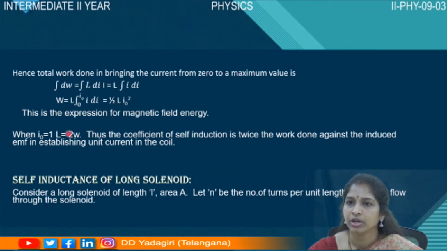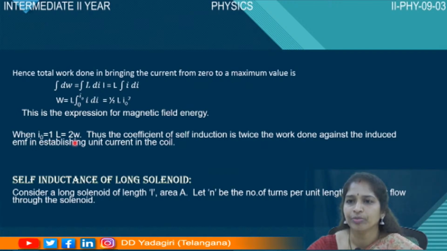2W. So what can I write as the definition of this coefficient of self-induction? If you see the equation, you can write: the coefficient of self-induction is twice the amount of work done in a coil when the current increases from 0 to 1 ampere, because I naught is 1 ampere.